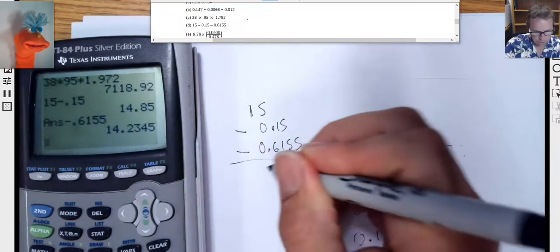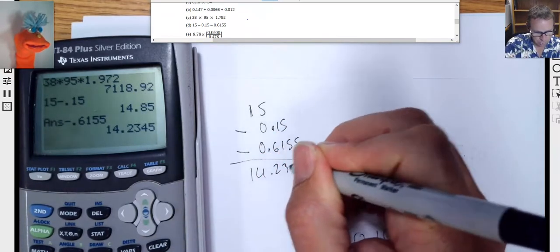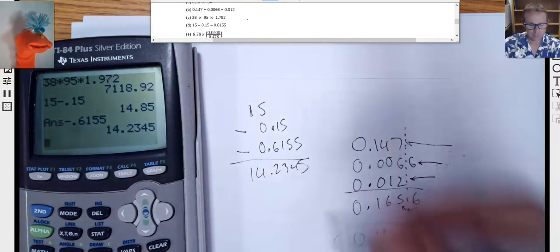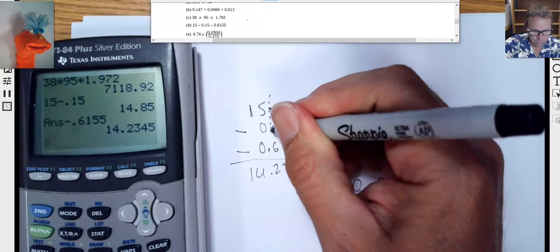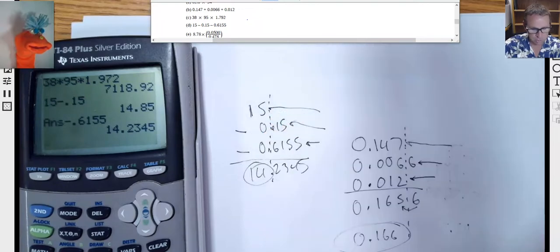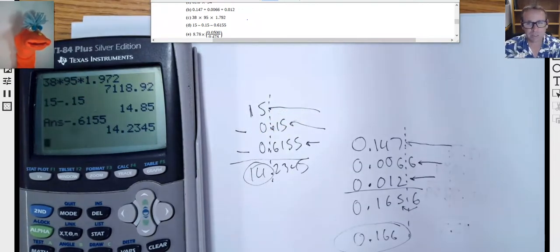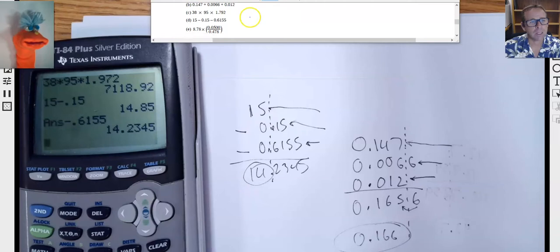All right, so the answer is 14.2345. My arrows go this way until we run out of significant figures. I have to round to this value there, so my answer ends up being 14. Okay, you see how that works? Yeah, I got it.